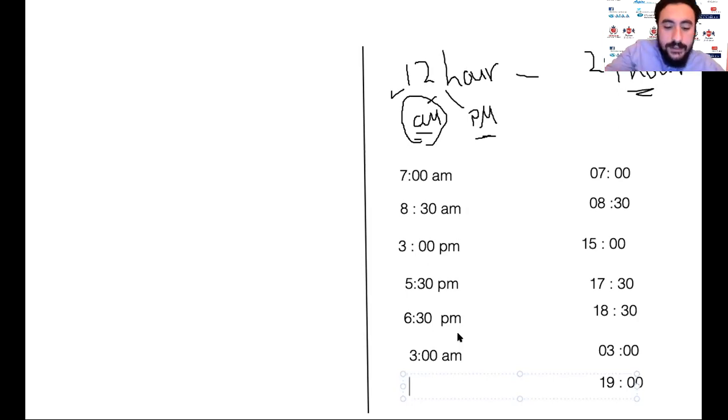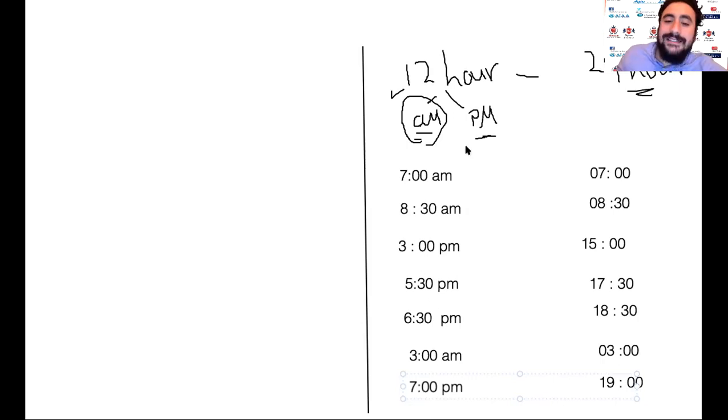So should I write 7 a.m. or p.m.? PM, because I just said that anything in the 24-hour clock greater than 12 is p.m. 19 is greater than 12. That's why this is p.m. Just subtract 12 from this.